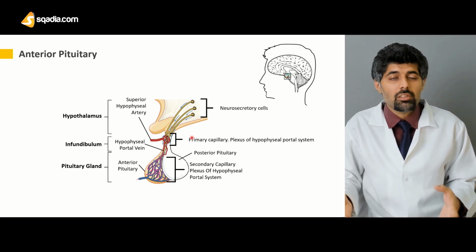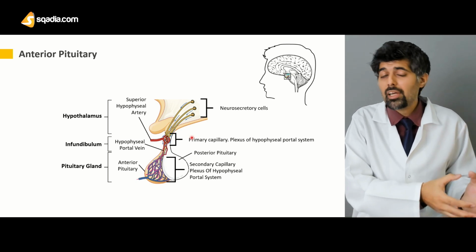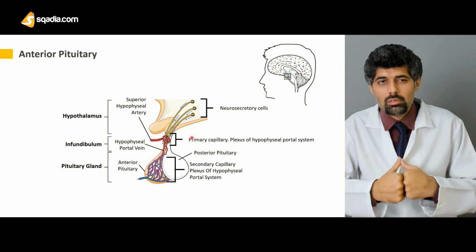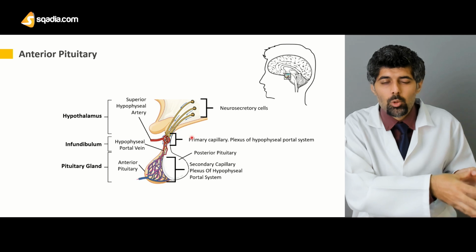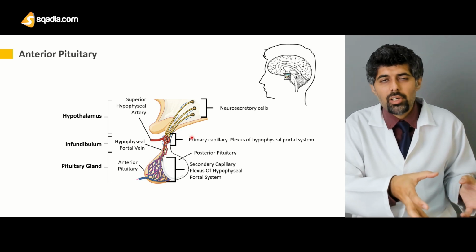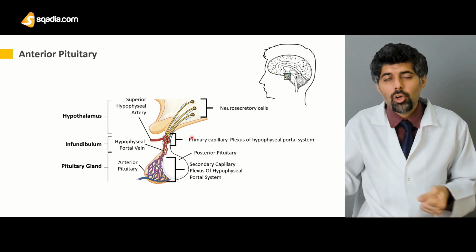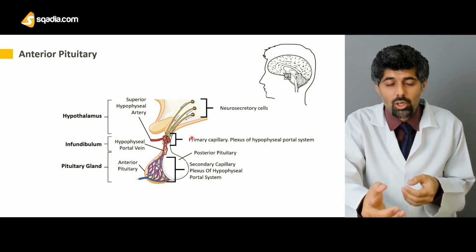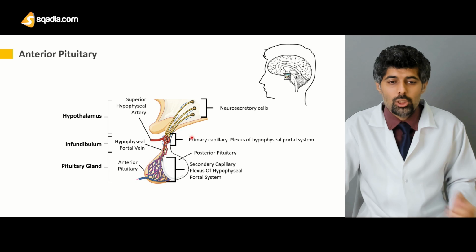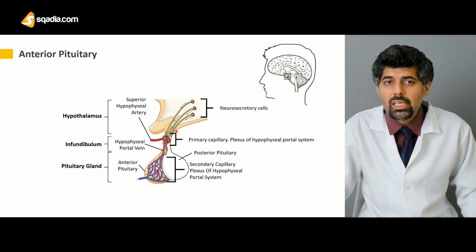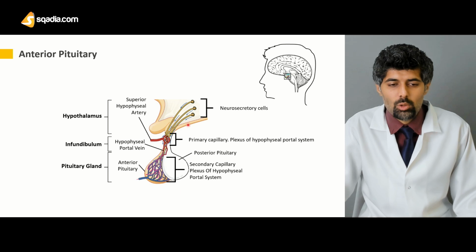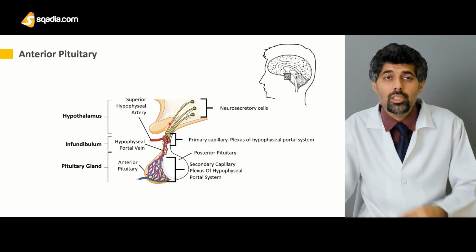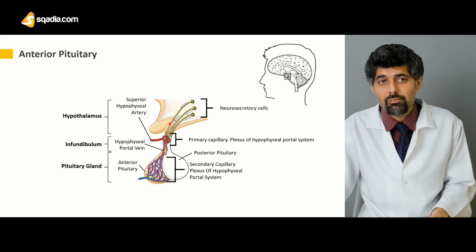They release certain factors, either releasing factors or inhibitory factors, which then act on the anterior part of the pituitary gland, and these releasing or inhibiting factors then result in either the increased production of the said hormone or the decreased production. So as for the anterior pituitary, these neurosecretory cells of the hypothalamus do not have a direct effect. They have an indirect effect through the inhibitory and releasing factors.